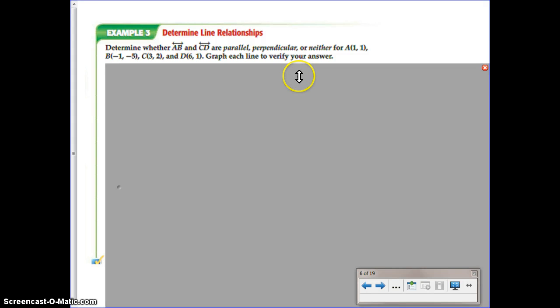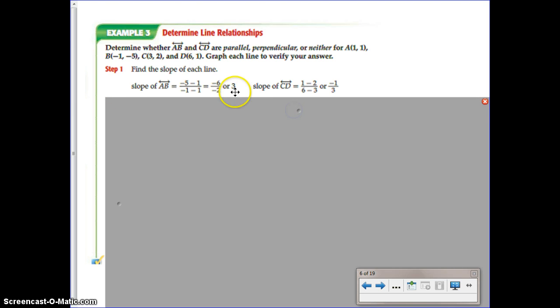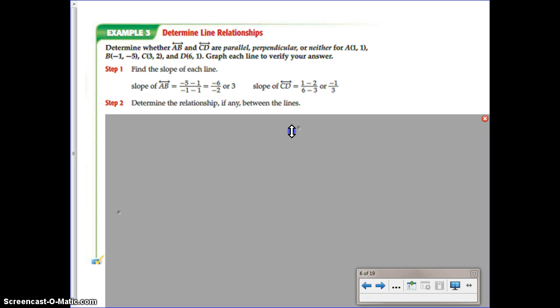All right, if you're playing the video, that tells me that you are ready to check your slopes. Were you getting 3 for AB and -1/3 for CD? If you were, you're ready to move on. If not, go back and check your work. Now, we look at those to determine if there's a relationship.